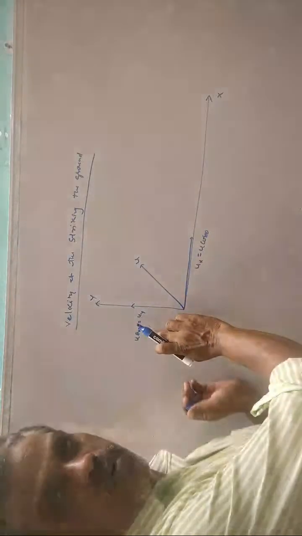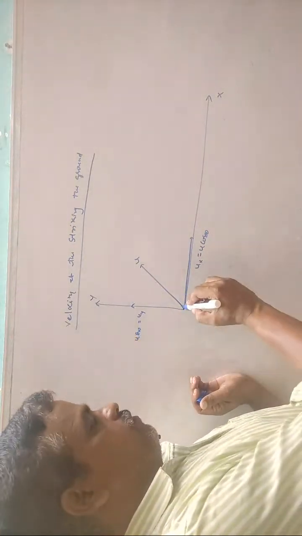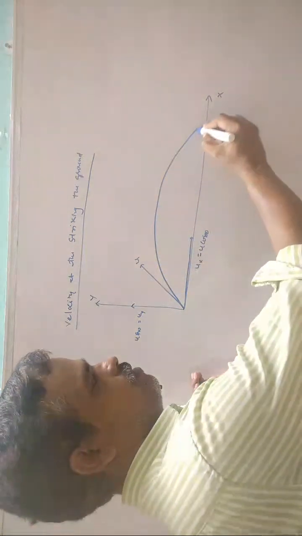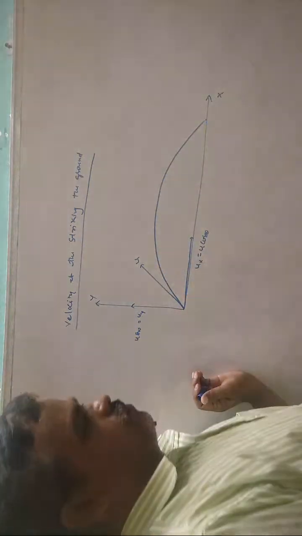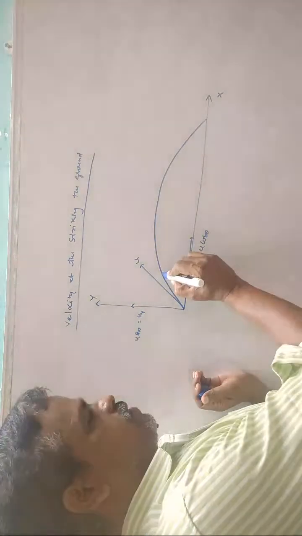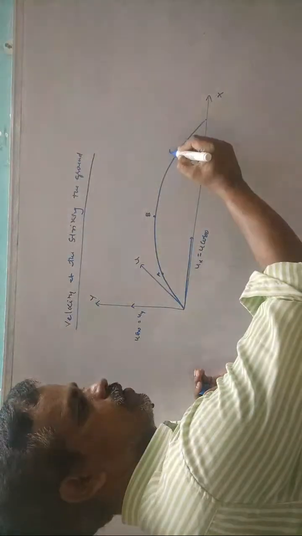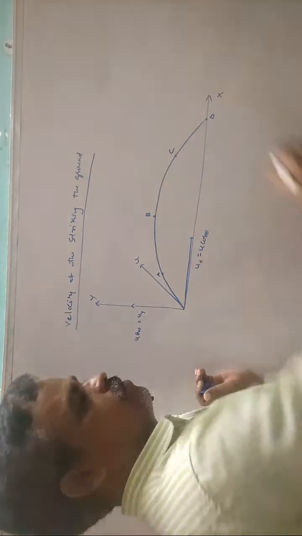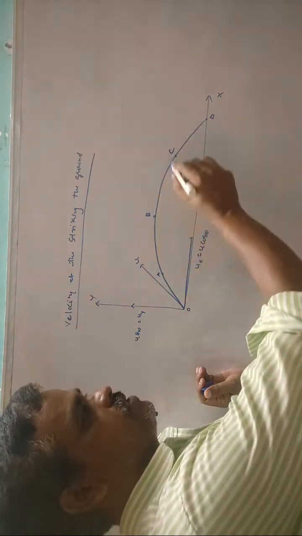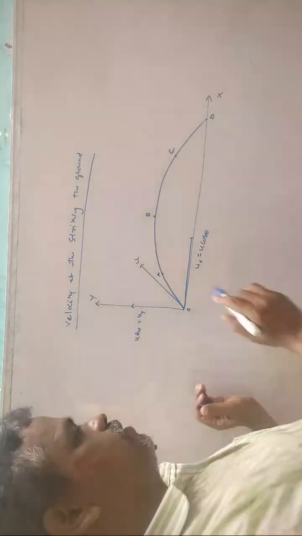The vertical component of an obliquely projected body is initially u sin theta. When it is traveling in the air, take the body's velocity at points A, B, C and D. I want to check what the velocities will be.